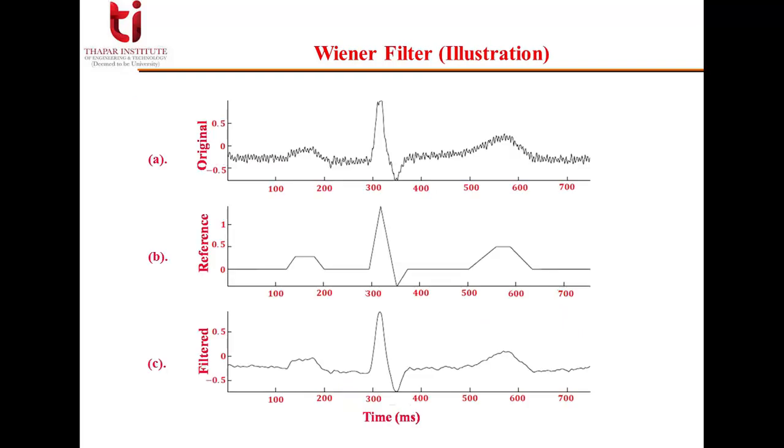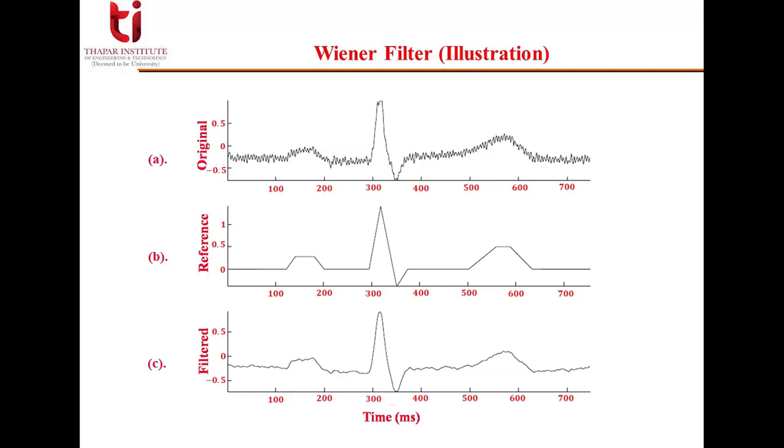Here, signal A represents an ECG signal with noise. Now if I want to filter this using a Wiener filter, I have to choose some reference, which we call the desired signal. Signal B in this figure is that desired signal. How do we obtain that desired signal?